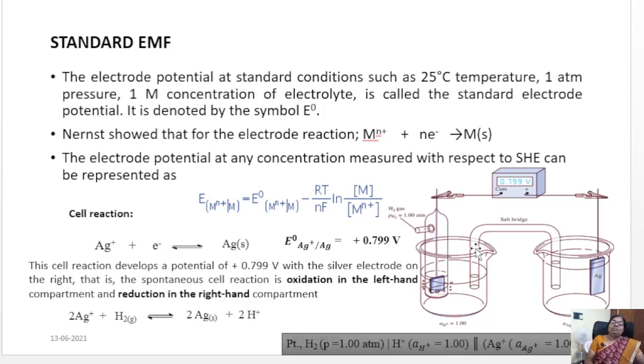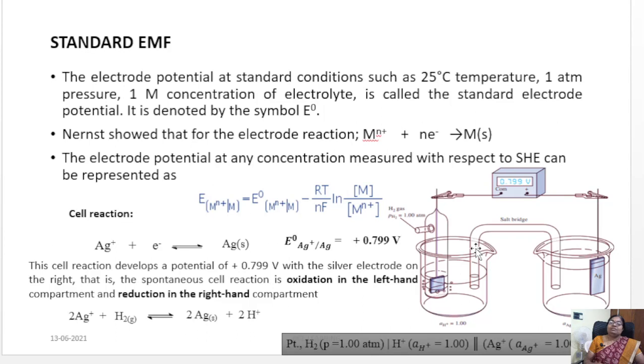The electrons will flow from left to right, which means oxidation at the left side and reduction at the right-hand side. Because the reduction potential of silver is greater than that of hydrogen, silver undergoes reduction, and hydrogen undergoes oxidation here.